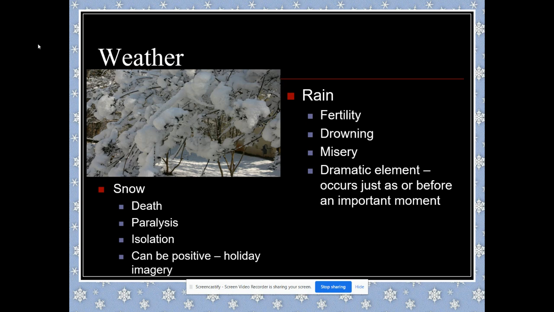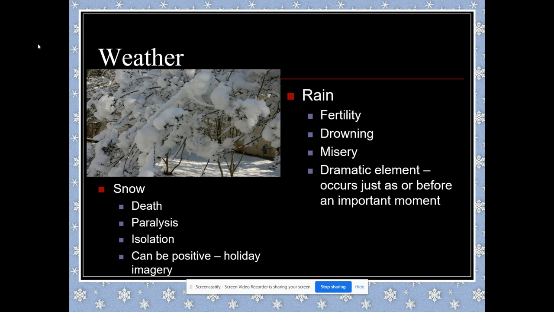Sometimes characters are literally frozen, but they are also frozen spiritually. The earth is quiet, but in a quiet, deadened sort of way instead of a peaceful way. The exception to snow imagery oftentimes would be a holiday story where the snow is part of the festive season.